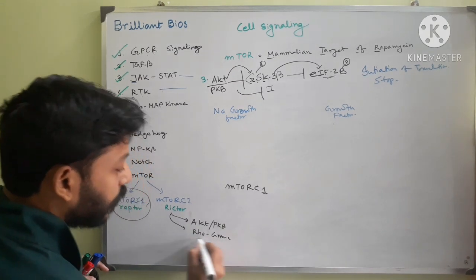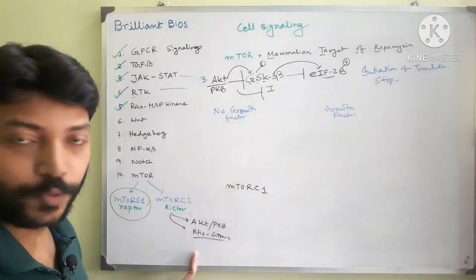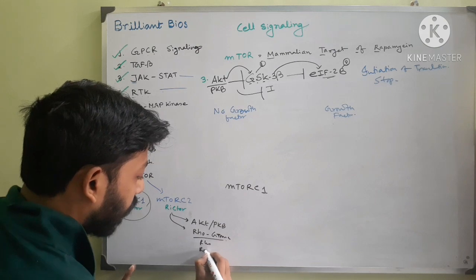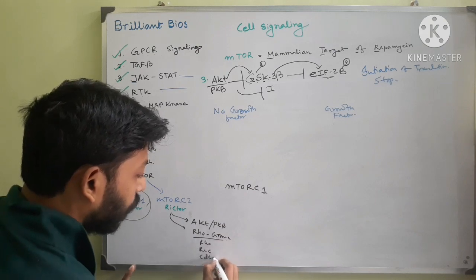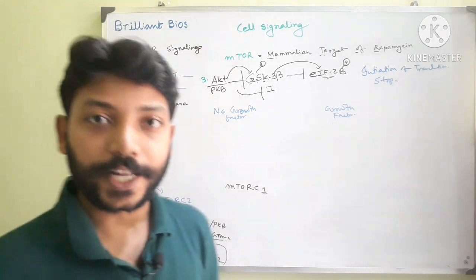We know that when Rho GTPase, a RAS family protein, for example Rho, RAC and CDC42, gets activated, they control the cytoskeleton rearrangement.